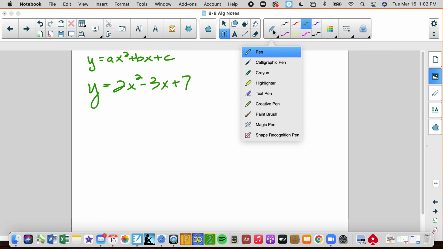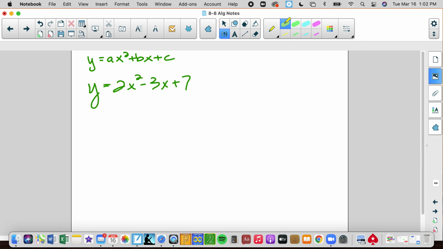So my questions for you would be, what is the a value? What is the b value? And what is the c value for this first equation? So looking at that, a is going to equal 2. b is going to equal -3. And c is going to equal 7.